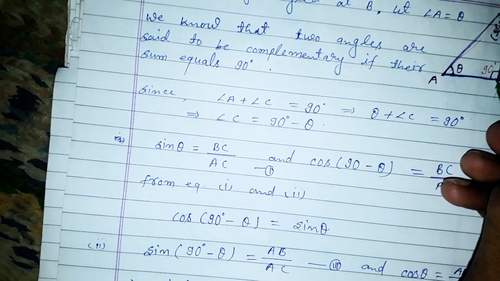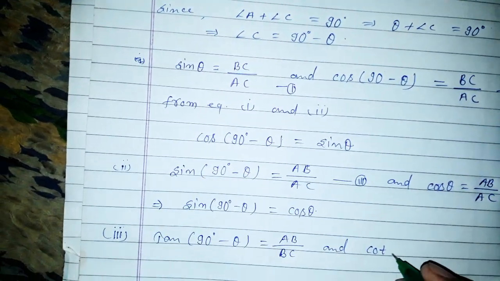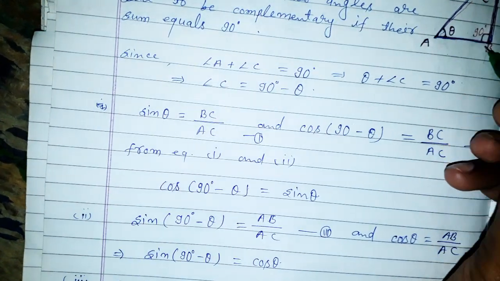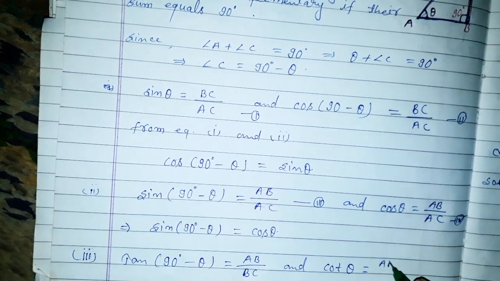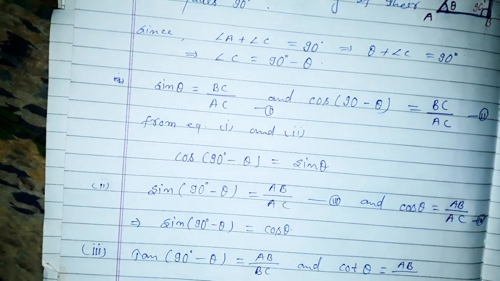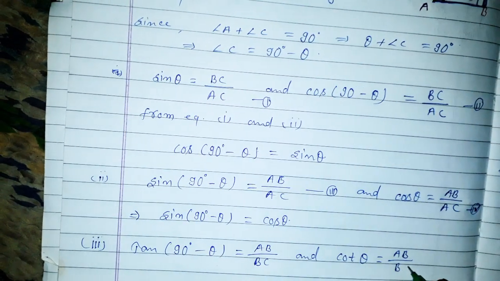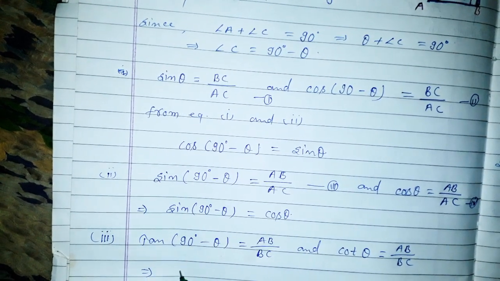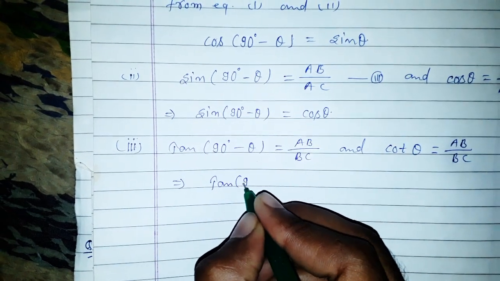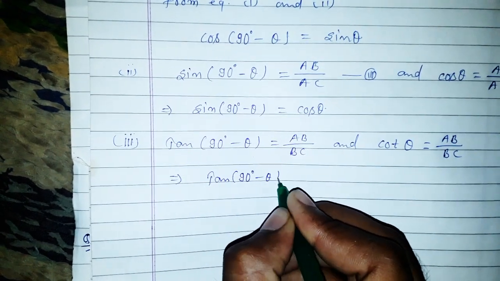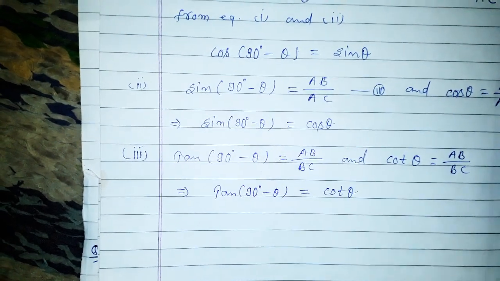According to theta, AB upon BC is cot theta. So cot theta is equal to the adjacent side AB, meaning theta, upon the opposite side, which is BC. This implies that tan 90 minus theta is equal to cot theta.